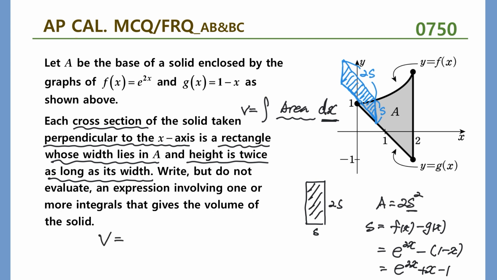Our volume is equal to the integral from x is 0 to 2 of the area of the rectangle, 2s squared, so 2 times e to the 2x plus x minus 1, squared, dx.